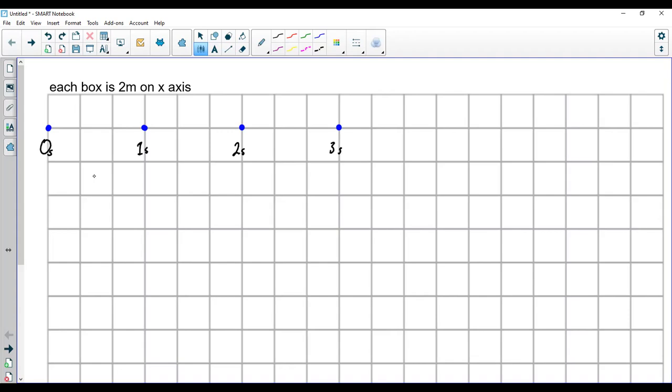So what's the speed of this blue object? Let's see who gives the answer. Six meters per second.